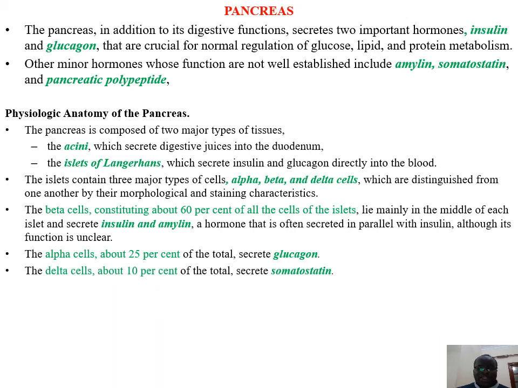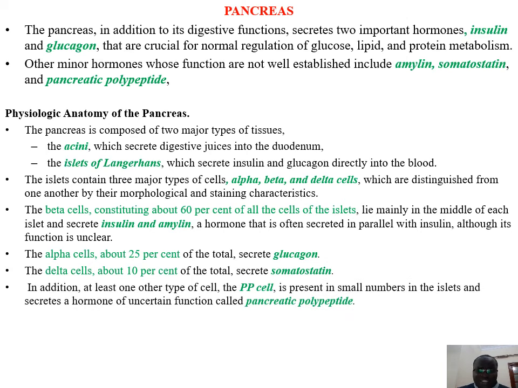Then we have the delta cells, about 10% of the total islets of Langerhans, and these are producing somatostatin. Somatostatin is a hormone that can inhibit the secretion of insulin. It's the same hormone that was also inhibiting the release of growth hormone.